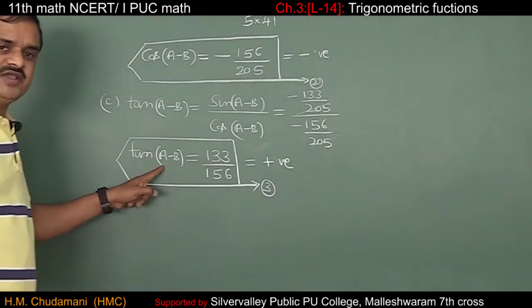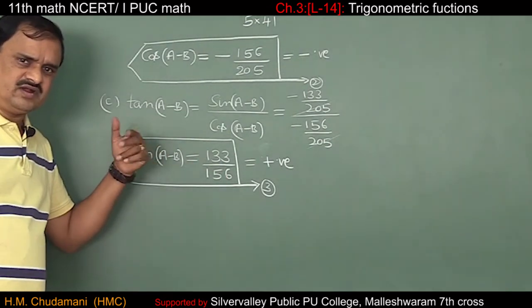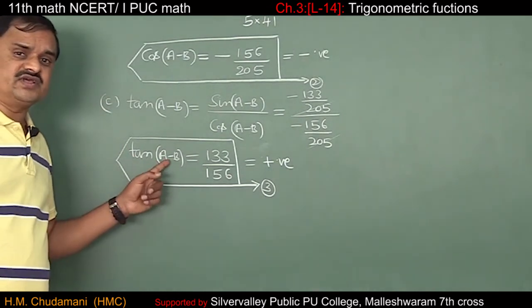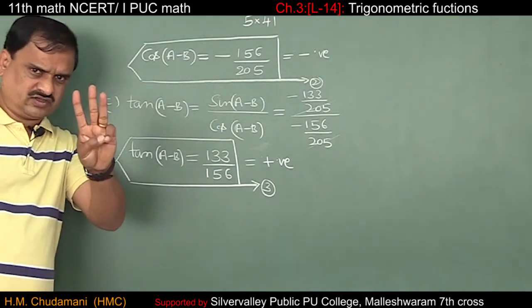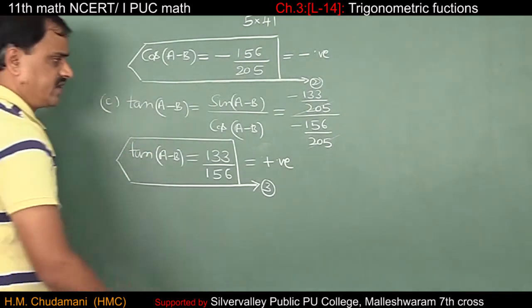So look at A minus B: tan of A minus B is positive, sine of A minus B and cos of A minus B are negative. Sine and cos are negative whereas tan is positive in the third quadrant. That's why A minus B lies in the third quadrant.